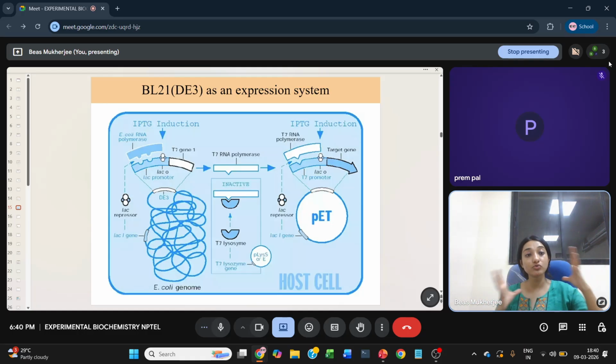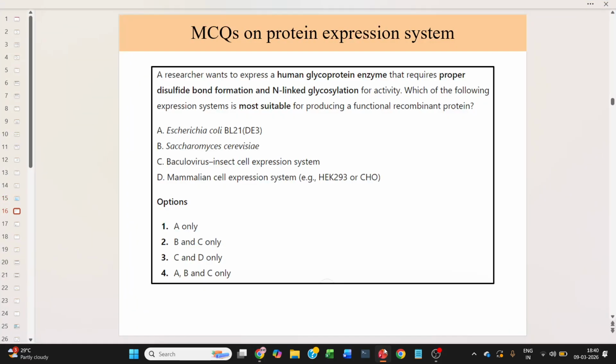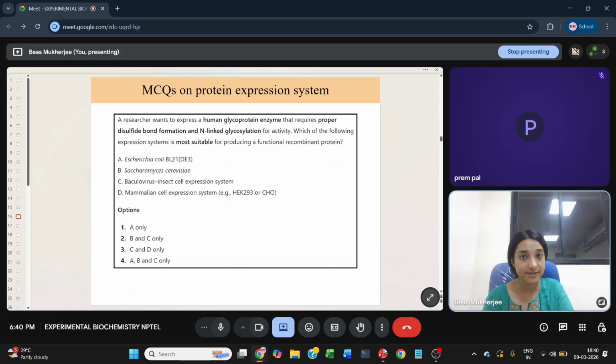When it is synthesized in huge quantity, pLysS cannot bind to all of those molecules. So now a lot of T7 RNA polymerase is getting produced. It is going and binding to our gene of interest promoter, and our gene of interest is getting expressed. So we are getting a protein of interest. Right. So this is the entire mechanism of function of the BL21 DE3 protein expression system. Okay.